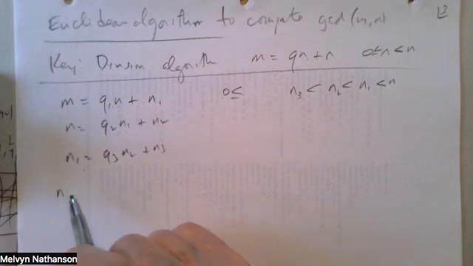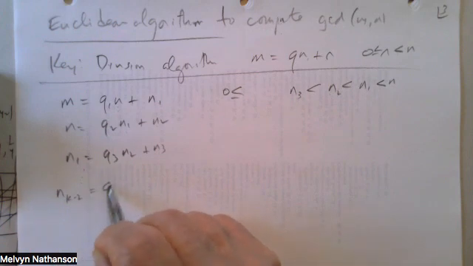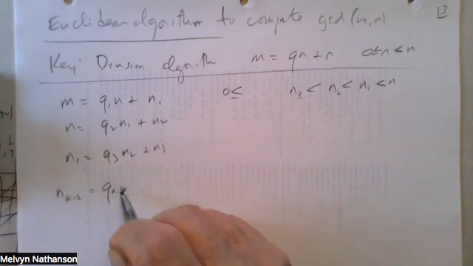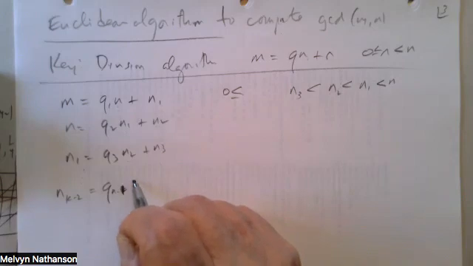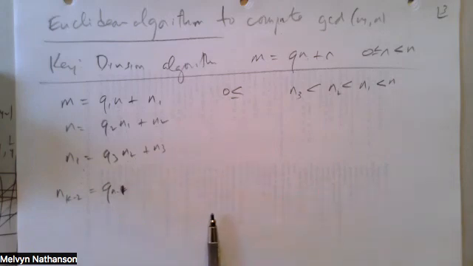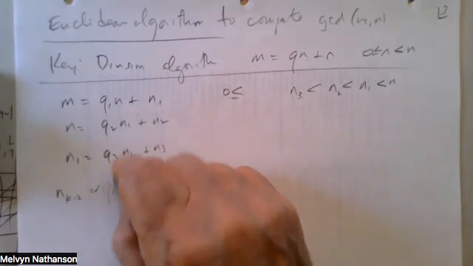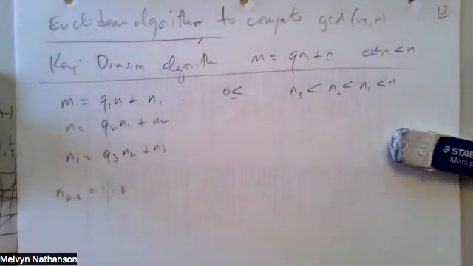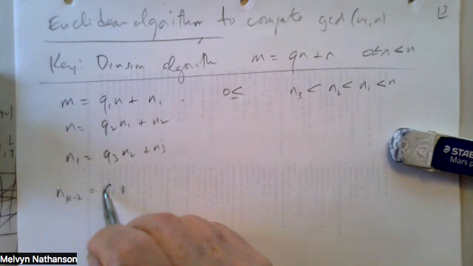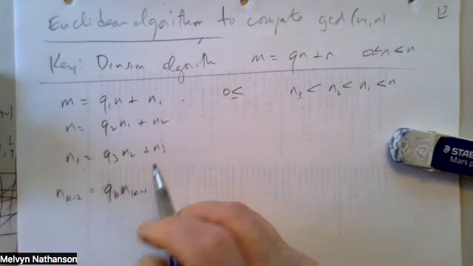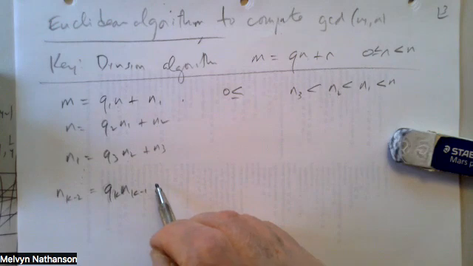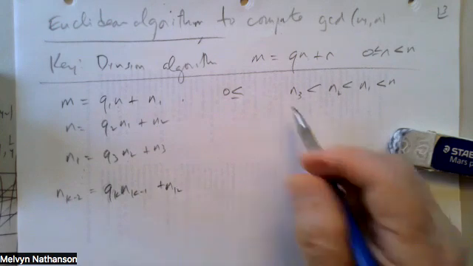When I've done this k times, when I do the kth division, N sub k minus 2 is Q sub k times N sub k minus 1 plus the remainder, which is N sub k.